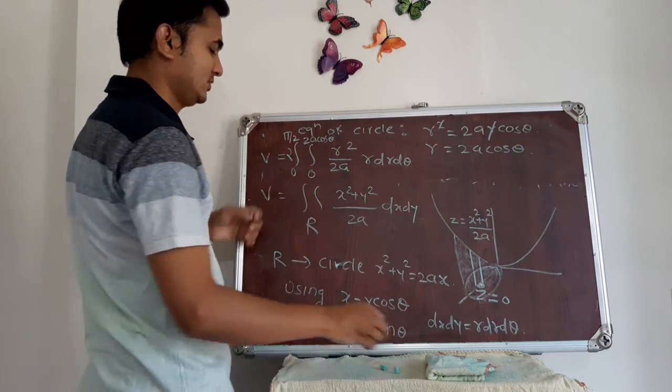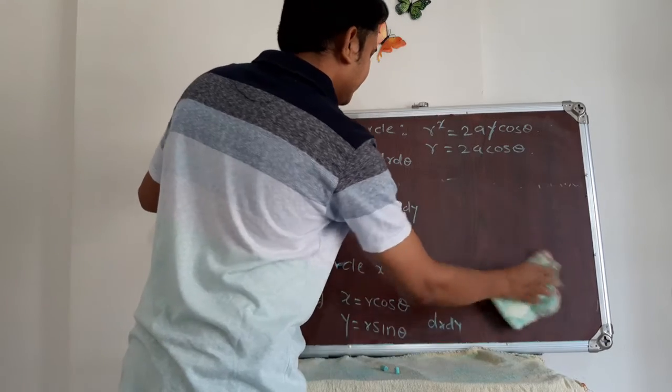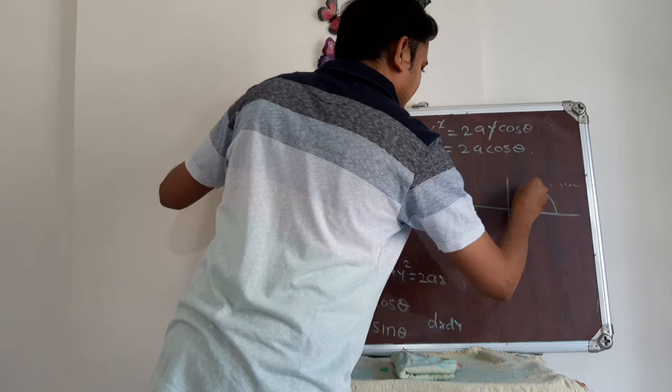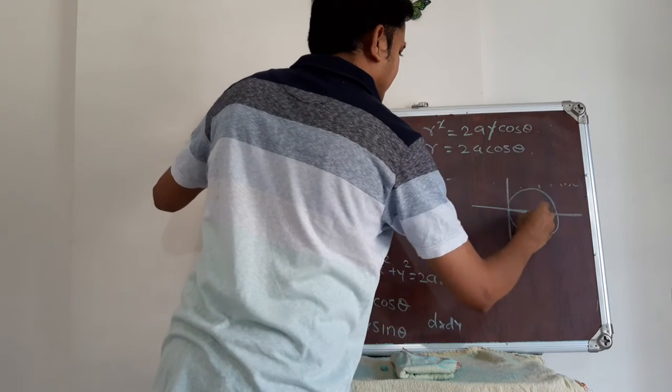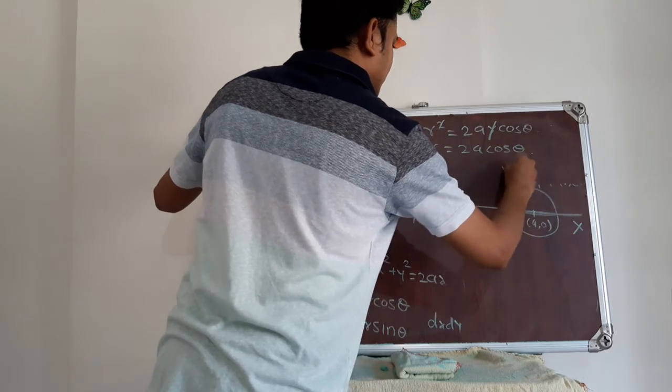I will tell you why. That circle in two dimensions looks something like this. Here it is (a, 0), this is x, y.